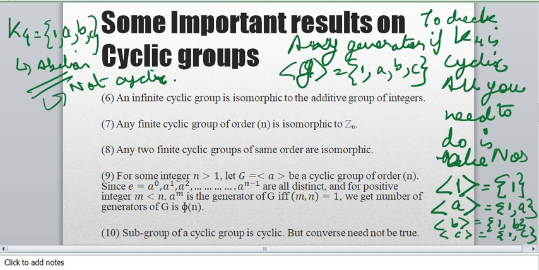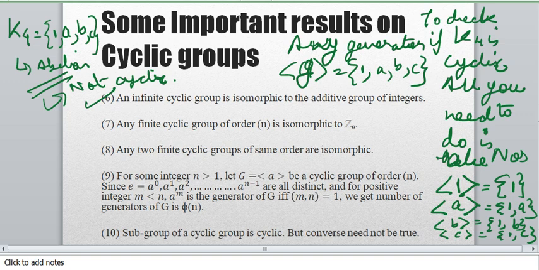Now moving on to our next parts. In the previous one we had done only till part 5. What does the next part say, students? It says an infinite cyclic group is isomorphic to the additive group of integers. What is isomorphic? Let's not get into that topic now, because isomorphism comes later in this chapter.